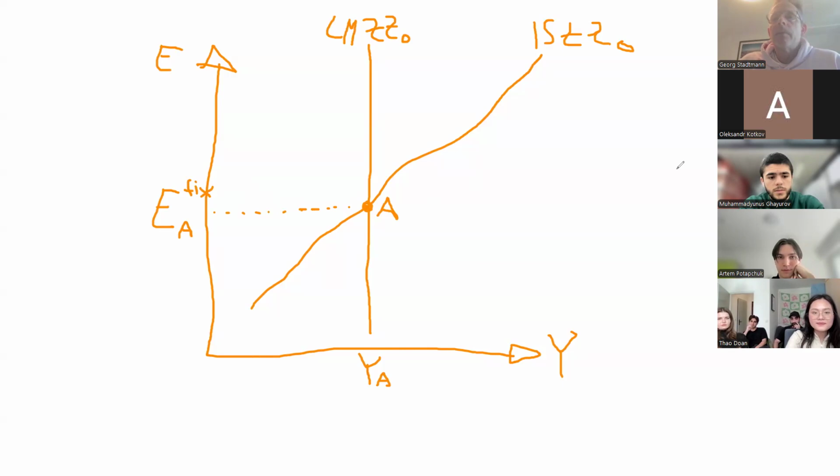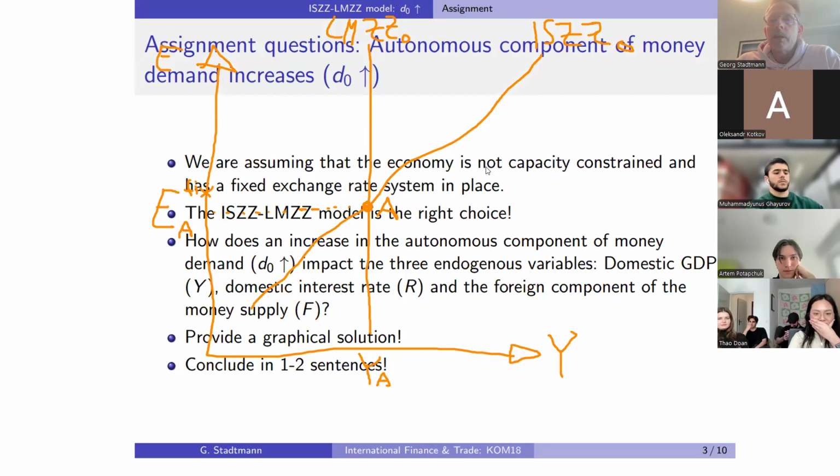But also some words of warning. Some students will fail to come up with the right diagram. We have to consider that the economy is not capacity constrained. So we are talking about the ISZZ LMZZ model, so this is our right choice.